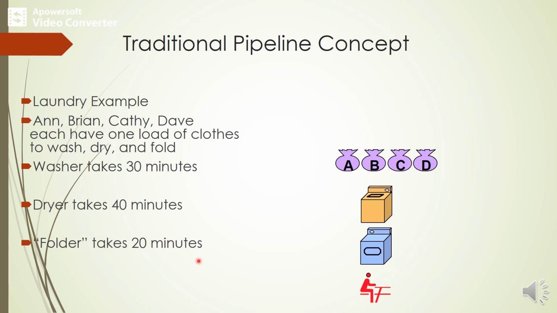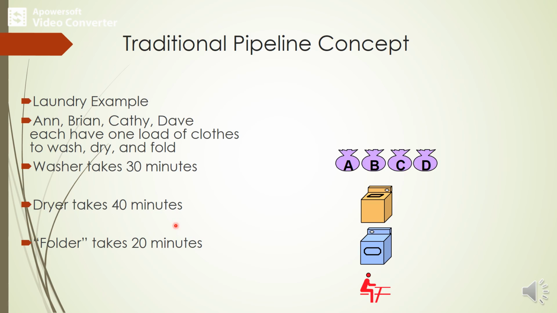Here we have to perform the operations sequentially. After washing all the clothes, after around 30 minutes, the dryer can start its operation. Once again, the dryer takes around 40 minutes to perform the task, and the folder takes around 20 minutes to perform the task.